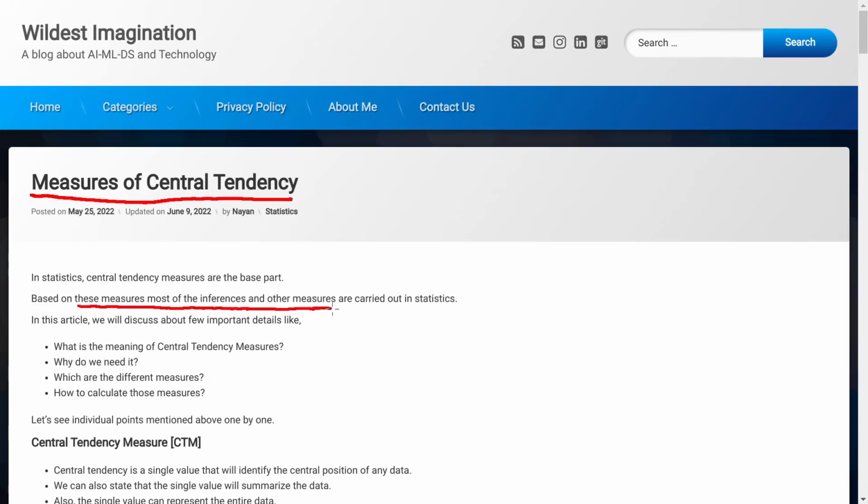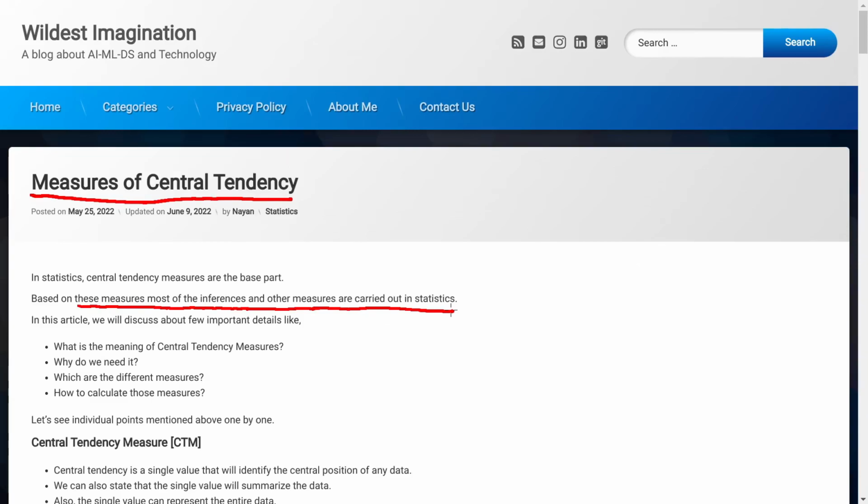Other statistical measures like skewness, kurtosis, standard deviation, even normal distribution can be calculated based on these measures. Even some machine learning algorithms like linear regression use these measures in their formulas.